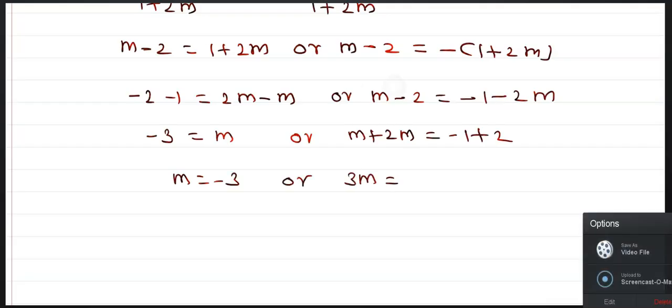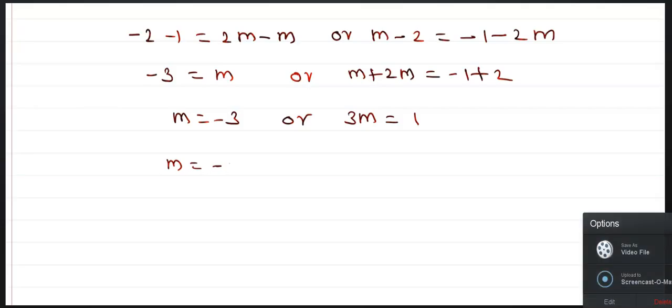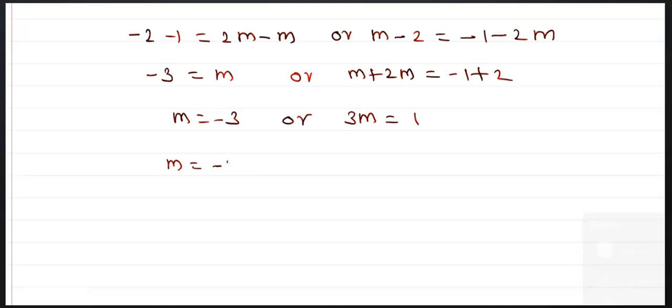M is equal to minus 3 and 3M is equal to 1. Therefore, M is equal to minus 3, and M is equal to 1 upon 3.